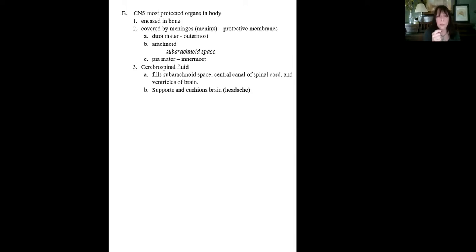Now, I mentioned cerebrospinal fluid, okay, CSF, and that fills the subarachnoid space. It goes down the central canal of the spinal cord all the way through and through the ventricles of the brain. The ventricles are hollow until you fill them with CSF.